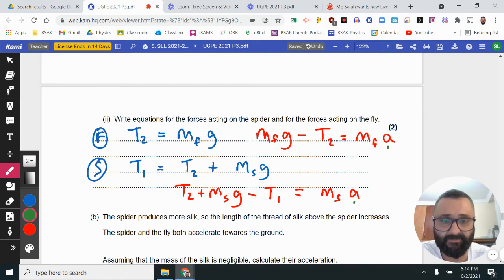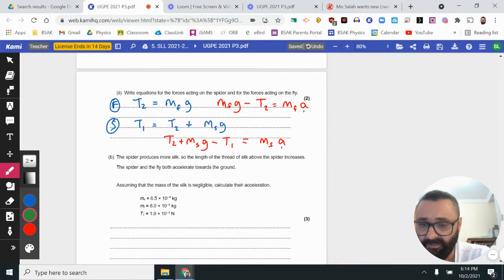Now, what does it give us? It gives us T1. It gives us MS. It gives us MF, but it doesn't give us T2. So what do we do? Well, the eagle-eyed amongst you might see that we have a T2 there and a minus T2 there.